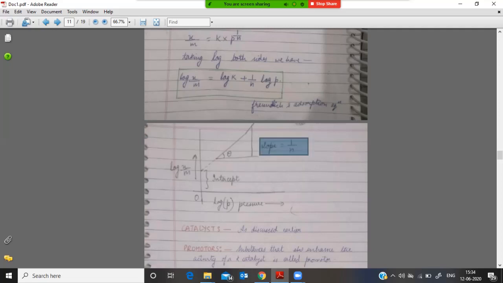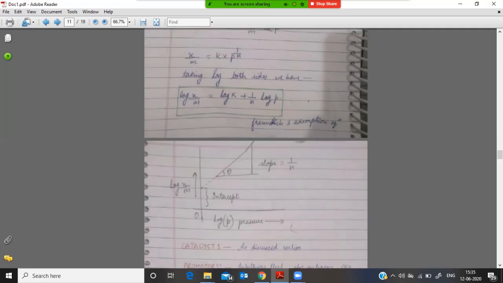In this graph, it is clear that the slope of the line is equal to 1 by n, and the intercept on the log x by m axis will correspond to log k. Therefore, from this graph, it is possible to find out the values of k and n.